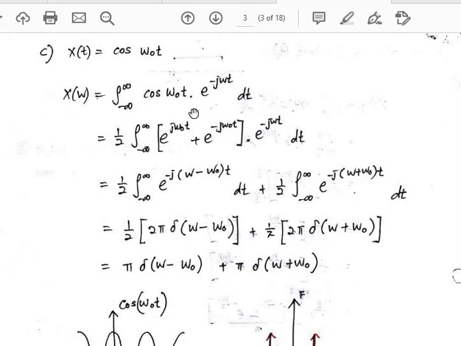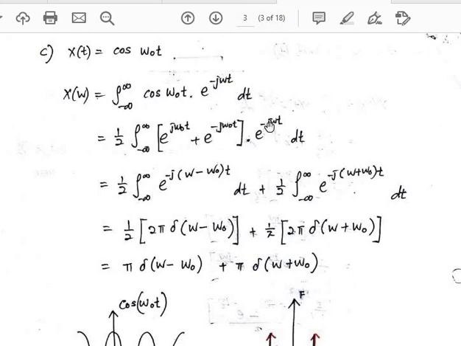So you multiply in, you get j omega naught t multiplied with exponent minus j omega t. So you get this one: minus j omega minus omega naught t. Plus the second part.